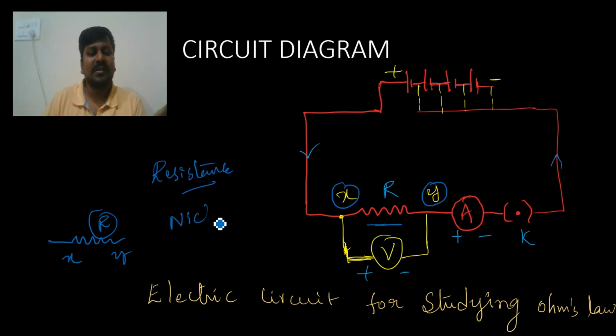We consider that nichrome wire is an alloy of nickel, chromium, manganese and iron metals.